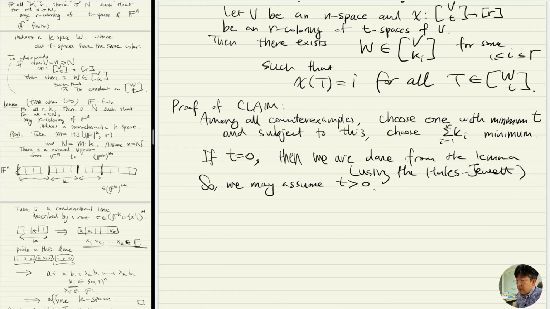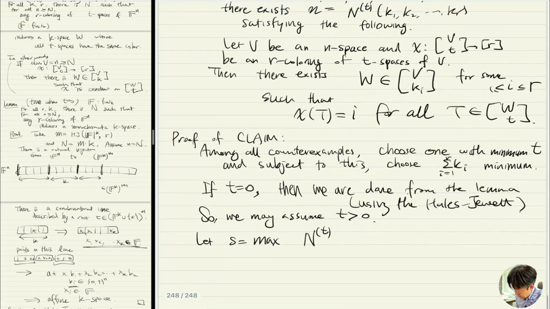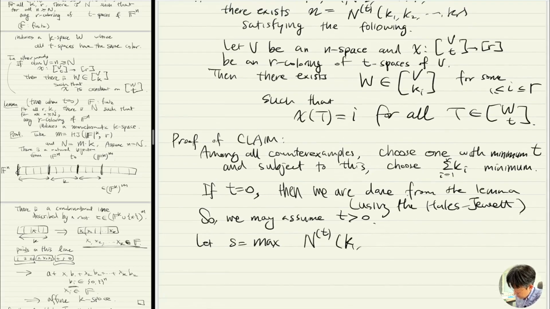Now let me tell you the setup. Let S be the maximum of that, so everything else is the same except Ki you subtract 1.